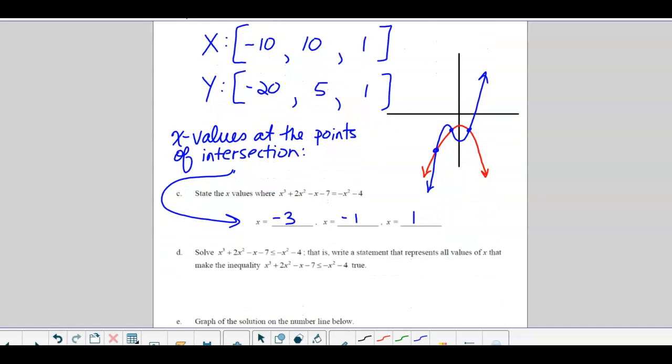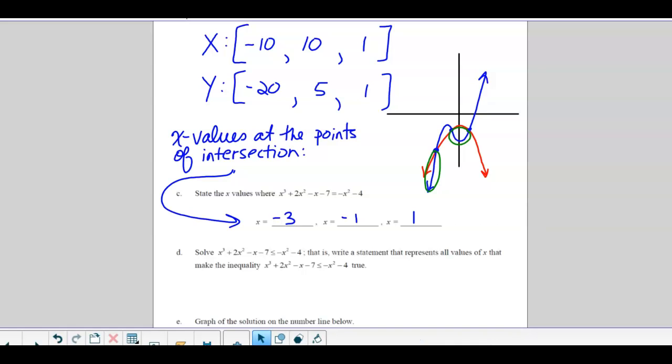So now, solve that inequality, which means write a statement that represents all the values of x that make that inequality true. So we want this cubic, when is it less than or equal to? So that would be this part here and this part here. Cubic is the blue on mine.